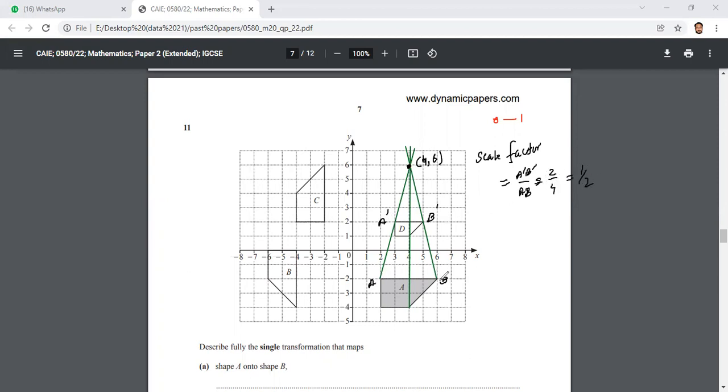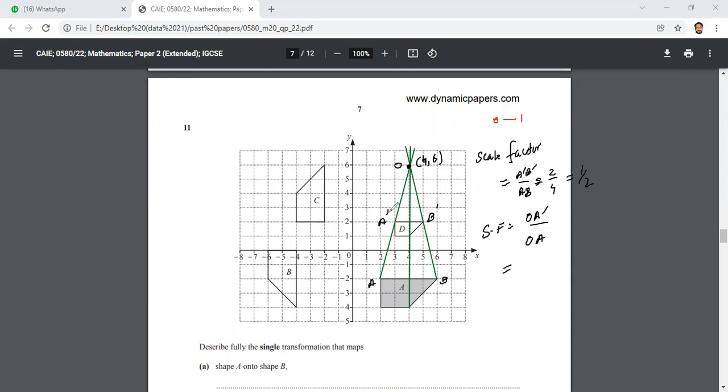We get 1/2. But let's suppose this is your center, and you apply scale factor as center to image divided by center to object. So OA dash over OA.